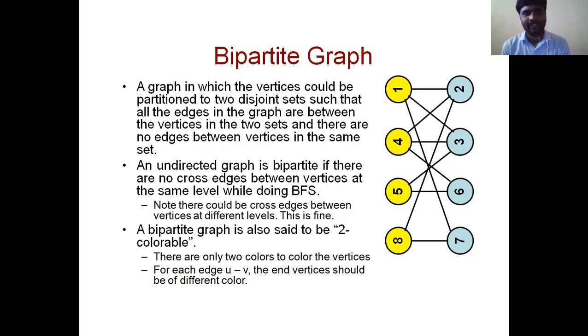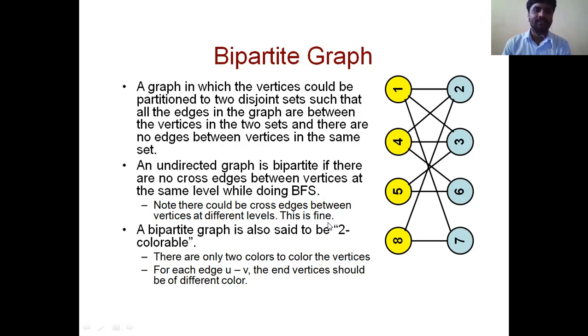An undirected graph is bipartite if there are no cross edges between vertices at the same level while doing BFS. Note that there can be cross edges between vertices at different levels. That is fine.